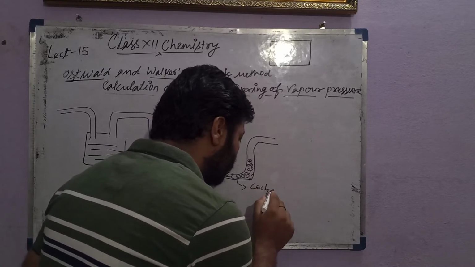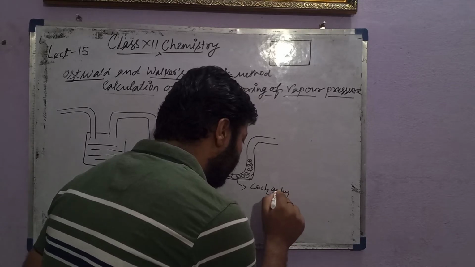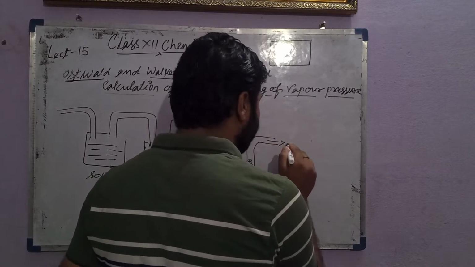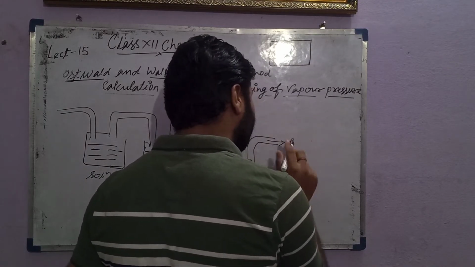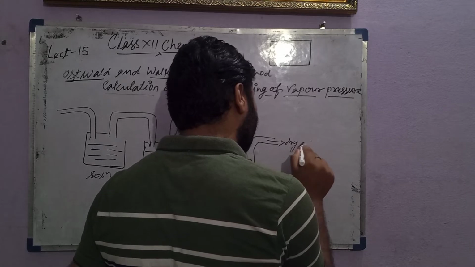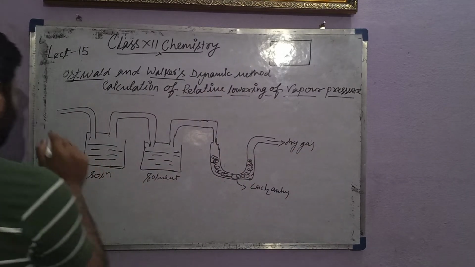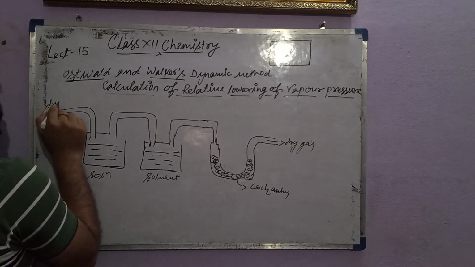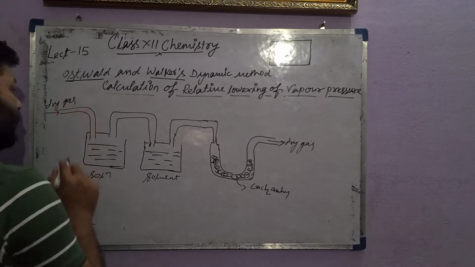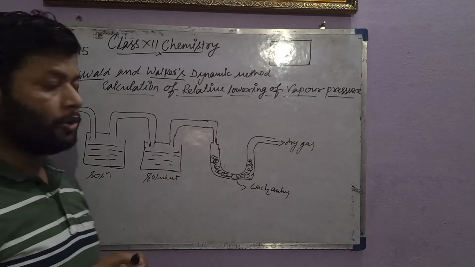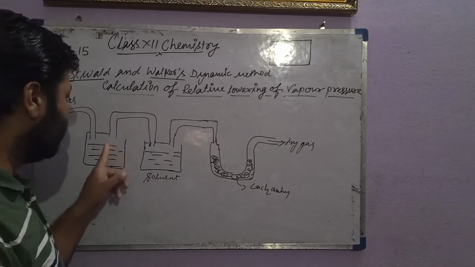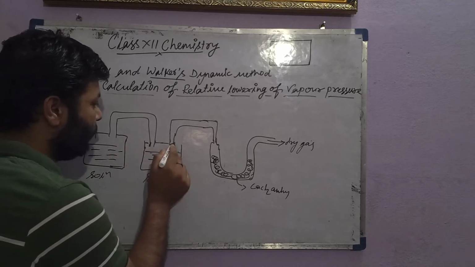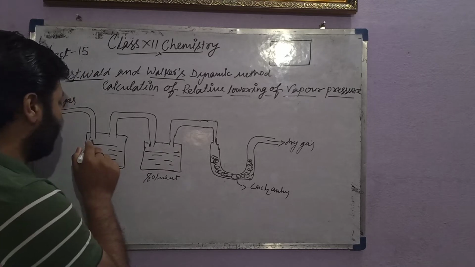The calcium chloride should be anhydrous, and from this side the dry gas is released out, and from this side the dry gas enters. This is the whole setup. This is called the delivery tube, which takes the vapor formed here.